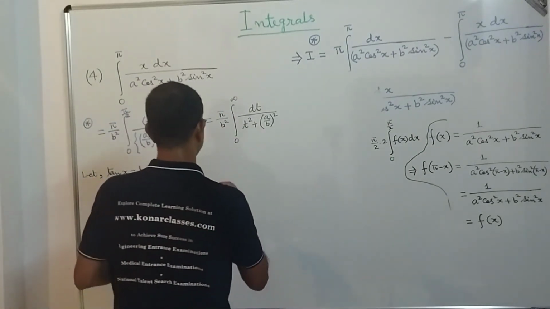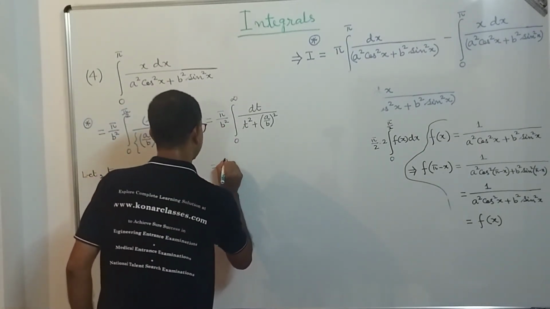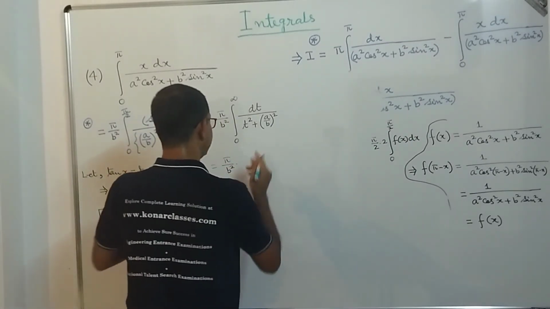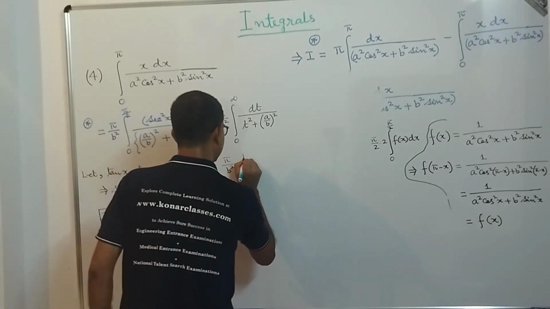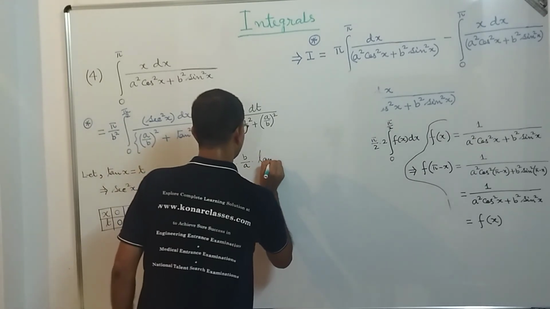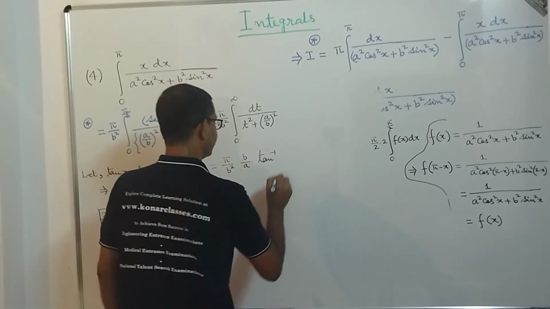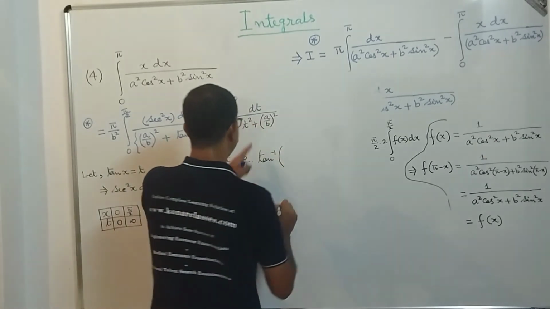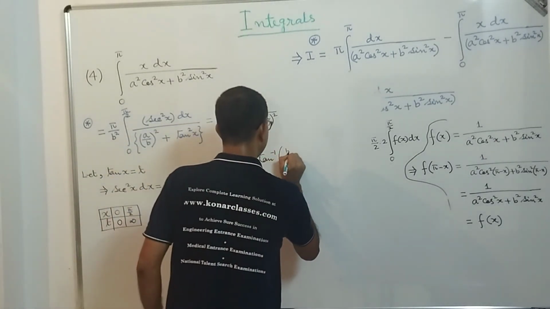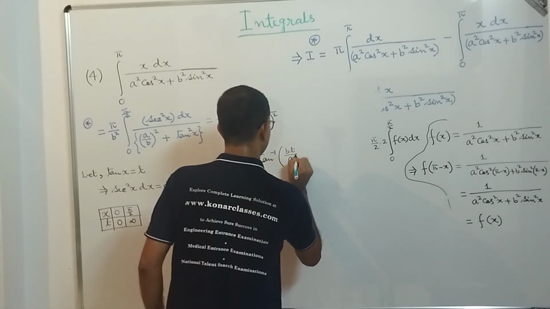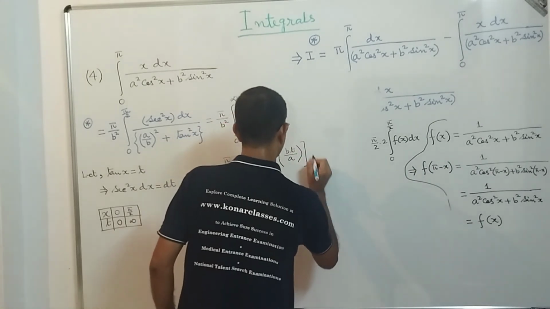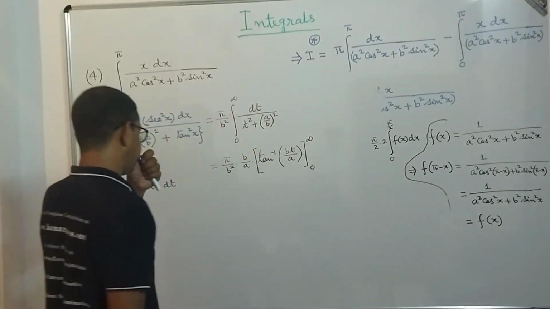So it is pi by b square into 1 by a by b, that means b by a, correct, into tan inverse of t by a by b, and t by a by b means b into t divided by a, and the lower limit is 0 and the upper limit is infinite.